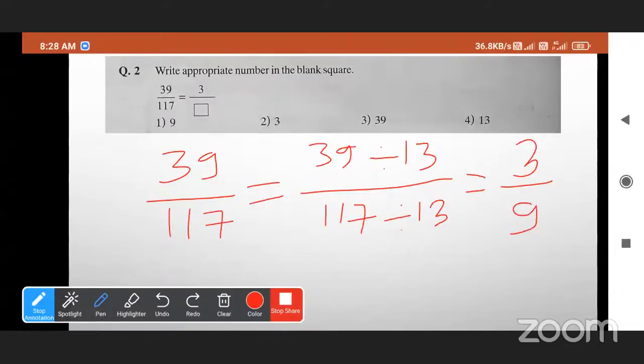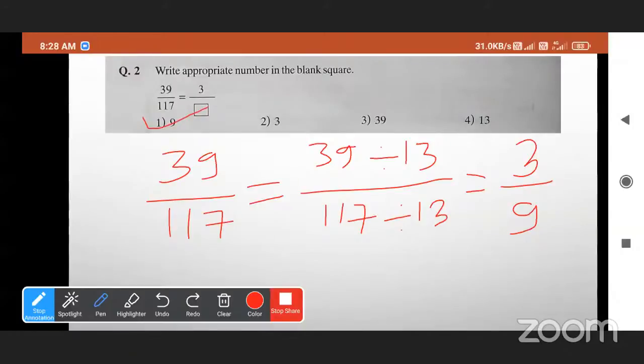So here, see what will come. 39 upon 117 is equal to 3 upon 9. So which number? 9. Very good. The first one is correct.